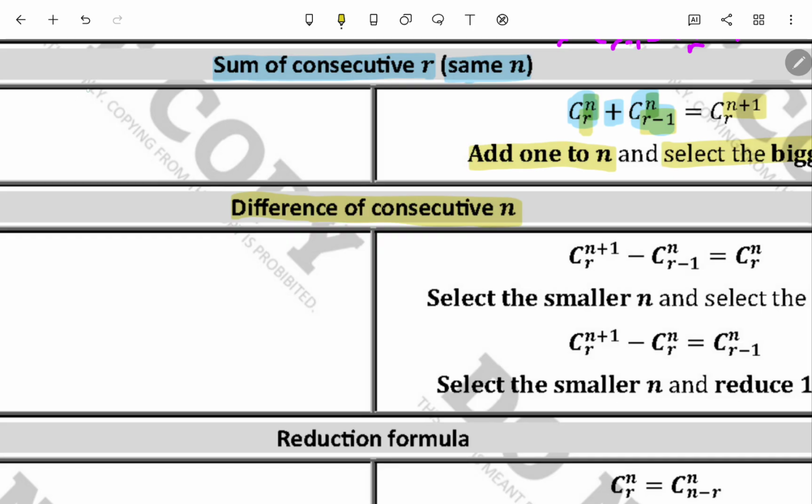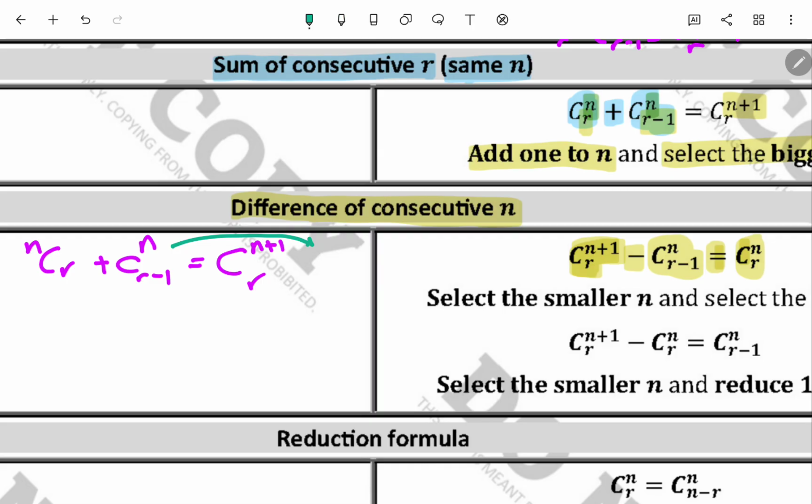If we have nCr plus nC(r-1) equals (n+1)Cr, and we move one of them to the other side, for example this one, I will have (n+1)Cr minus nC(r-1) equals nCr.